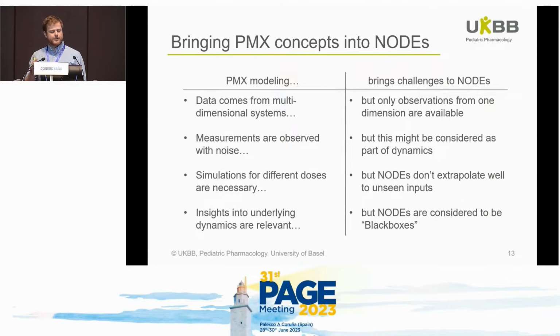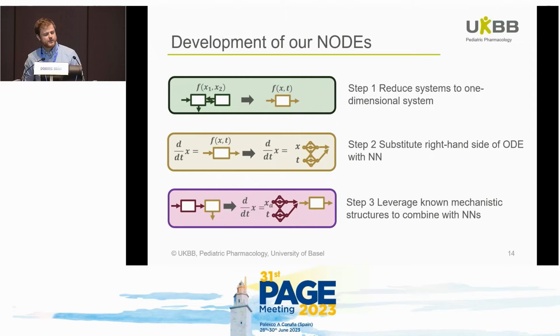So there are already different approaches to solve these challenges, and I will present how we developed our NODEs in 3 steps. In the first step, we wanted to get rid of this multidimensionality, and we reduced the classical ODE systems to a one-dimensional system.